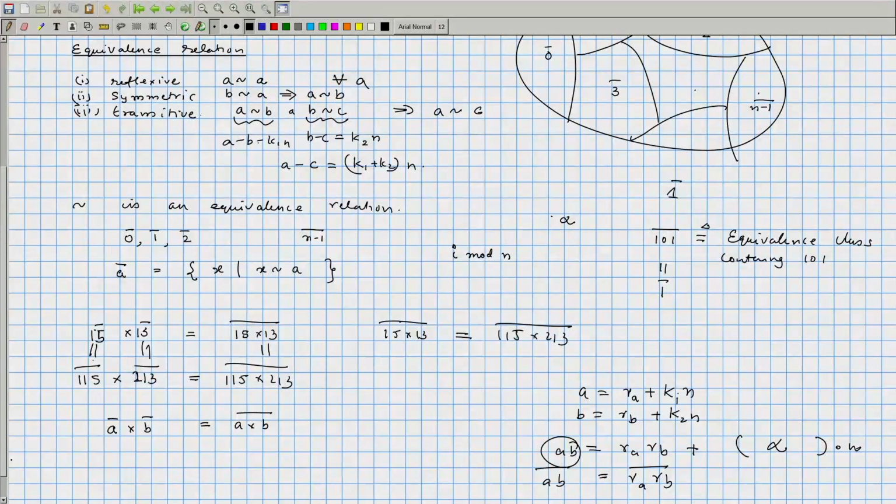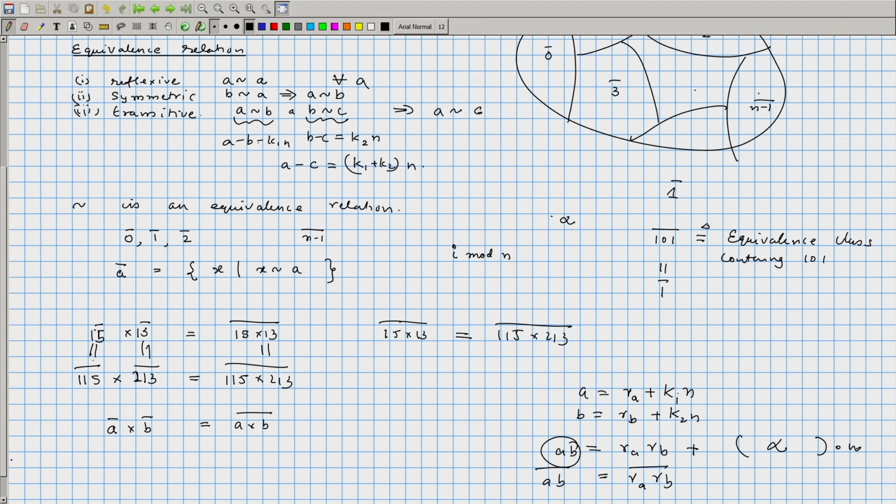Okay. Fix a number n, if n equals 100, you have a particular split into equivalence classes. If n is 113, you have yet another split into equivalence classes. Okay. Once you fix the collection of sets or the equivalence classes, you can multiply them, you can add them in a certain way, and those operations make sense.